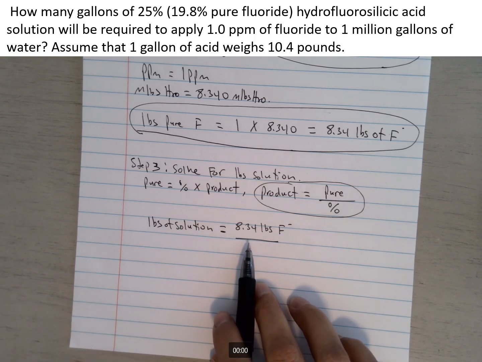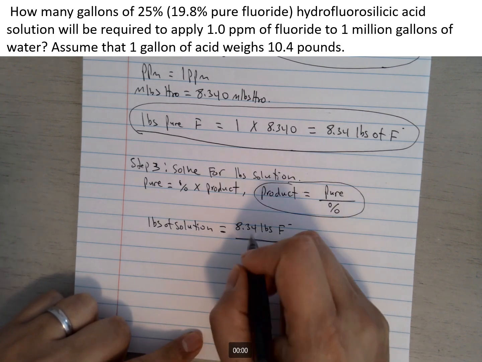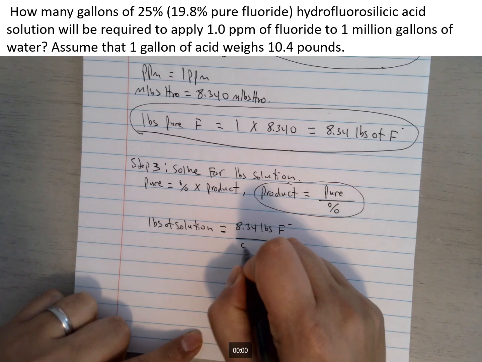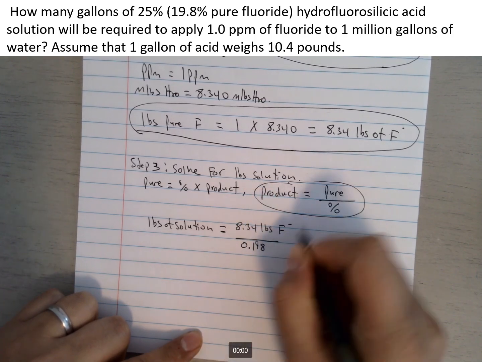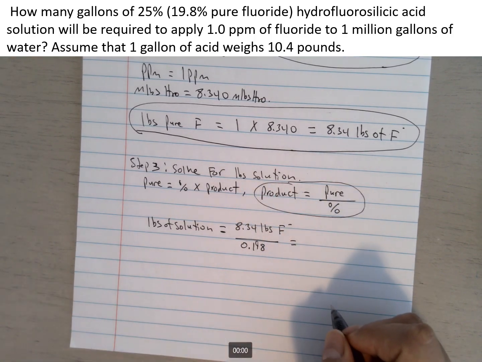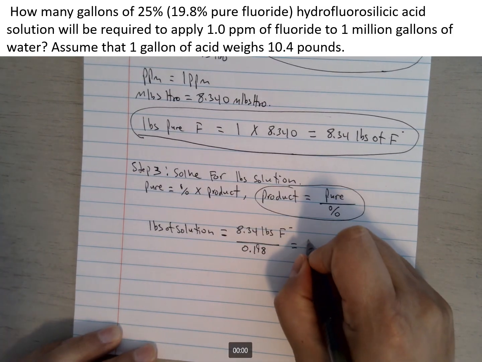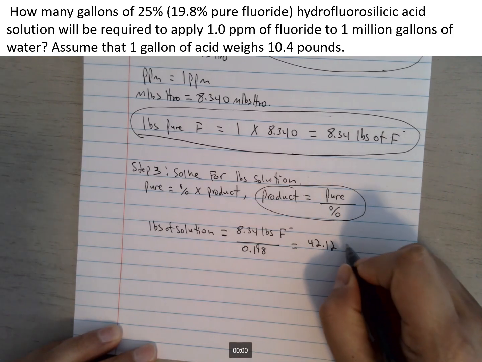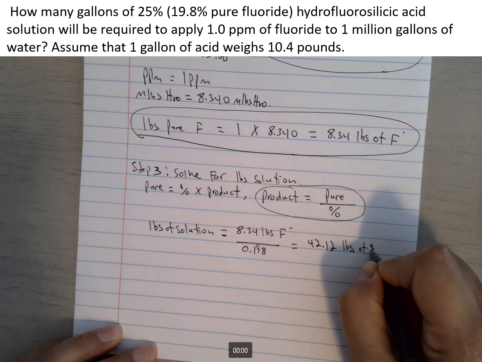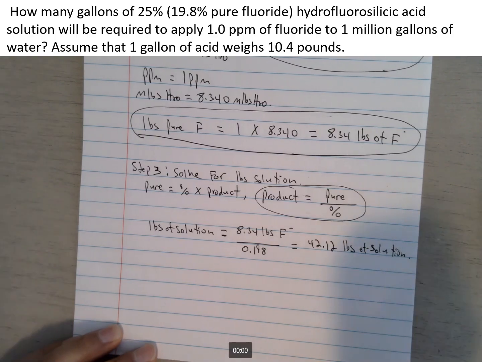In this problem statement, it tells us that in the solution, 19.8% is pure fluoride. That is the percentage we want to use, the pure fluoride representation by weight in the hydrofluorosilicic acid solution. So 19.8% in decimal form is 0.198, and that gives us 42.12 pounds of solution.